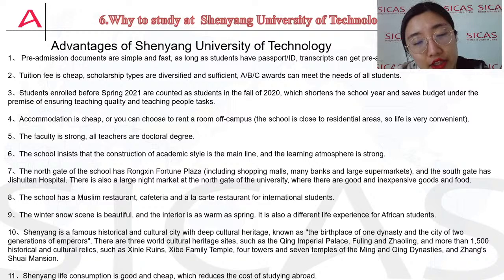After we understand the cost of Shenyang University of Technology, let's look at why people want to study in SUT. The first reason is that the pre-admission documents are simple and fast. As long as students have a passport or ID and transcripts, they can get pre-admission in 1 to 2 working days, because we, CCAS, have a strong relationship with universities.